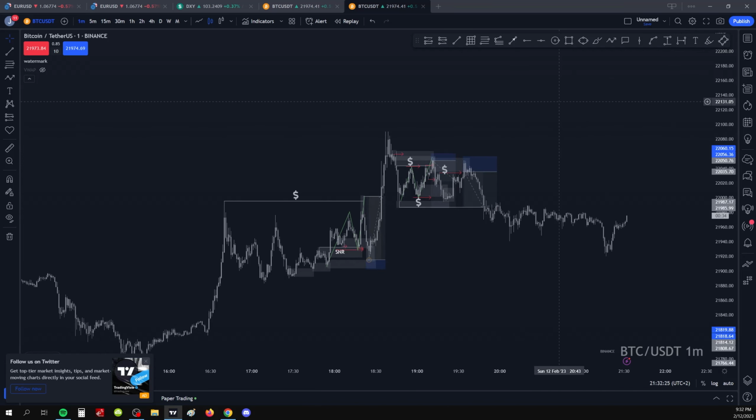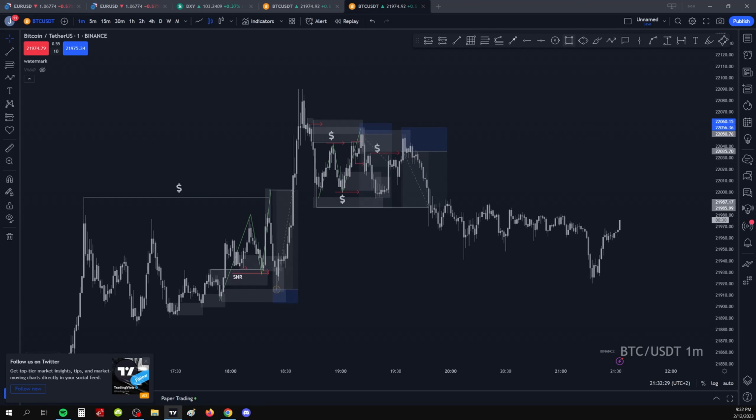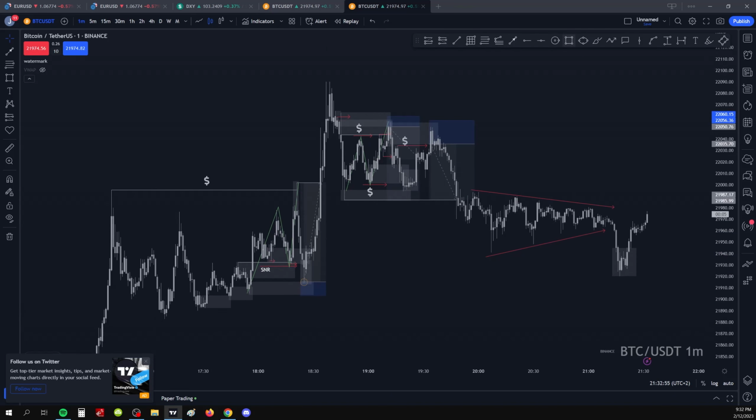Actually, no. As you can see here, what did we build here? We built liquidity. What do you think is gonna happen now? This is all gonna get taken out. And what happened here? We also built liquidity. Okay. And what happened? We took it out by this move. And what did we mitigate?